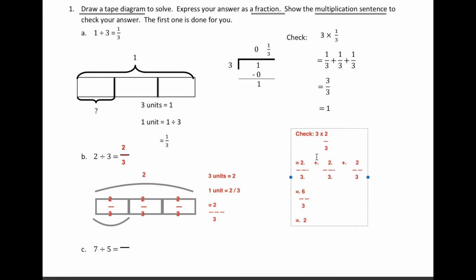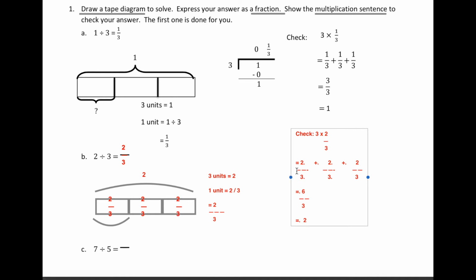Alrighty, guys. So we're going to write check, and the first number is how many units do we have? Okay? We have 1, 2, 3. 3 units times how many is in each unit? We have 2/3. Okay? So 3 times 2/3 is equal to what?